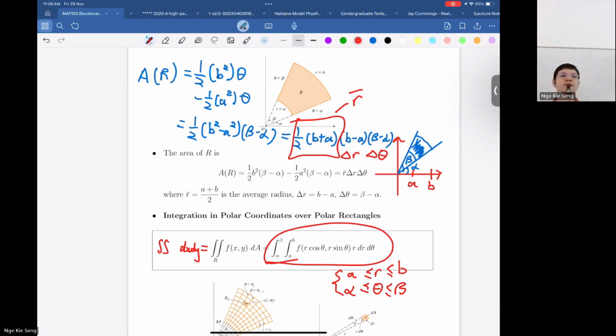You want him? Yes, yes. What do you mean? Okay, okay. In the equation, there's a... Oh, you mean this R? You mean this R? Yeah. No. Which one?